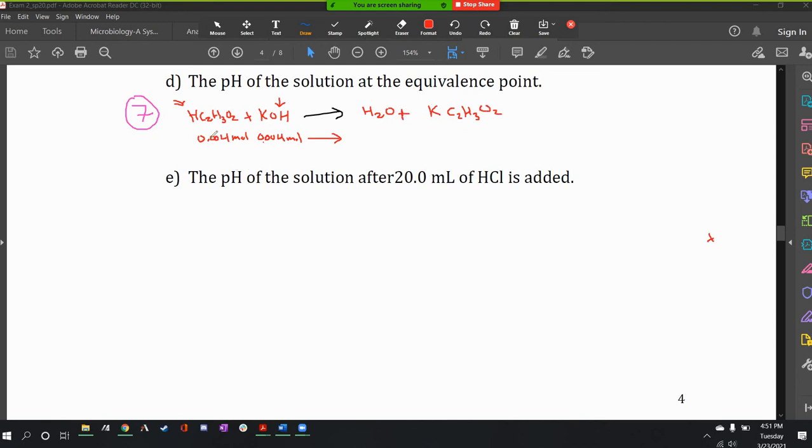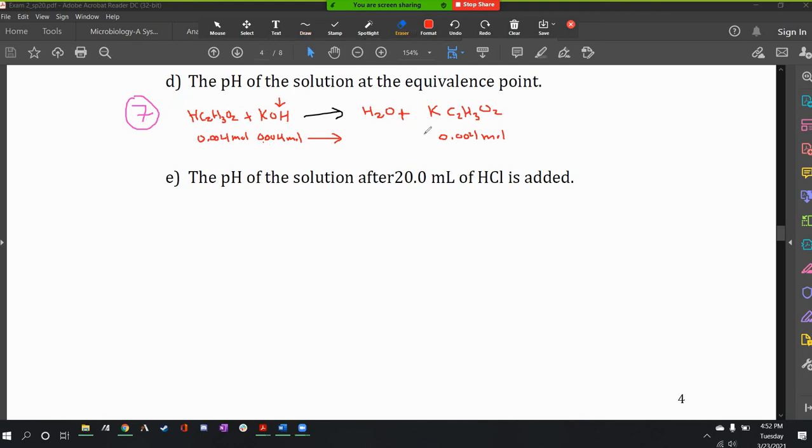Potassium acetate. Okay, so if at equivalence we added 0.004 moles of acid to neutralize 0.004 moles of base, we formed 0.004 moles of potassium acetate. Now, that's not irrelevant.